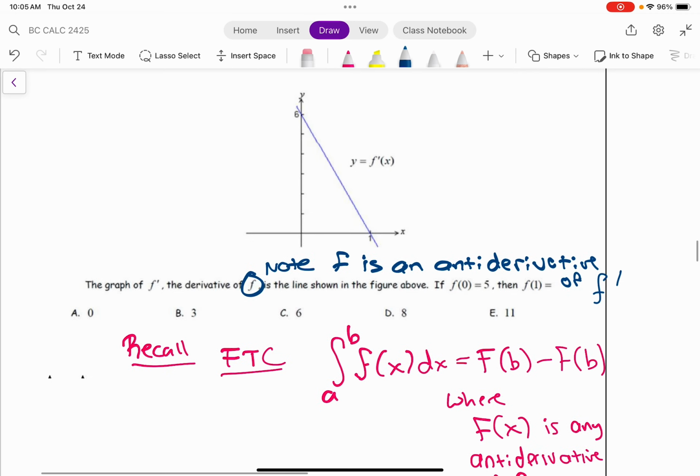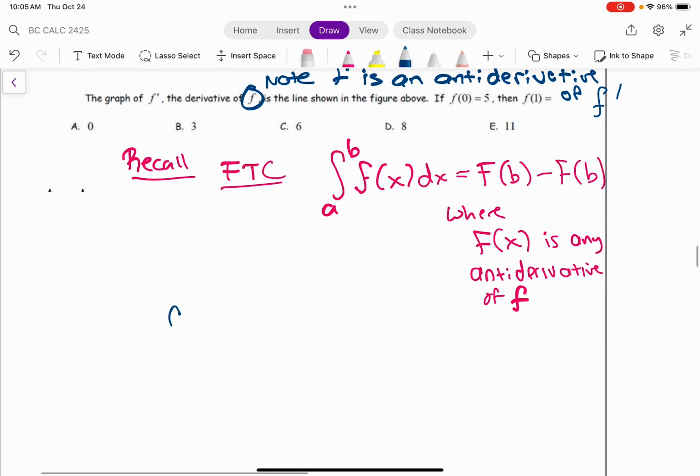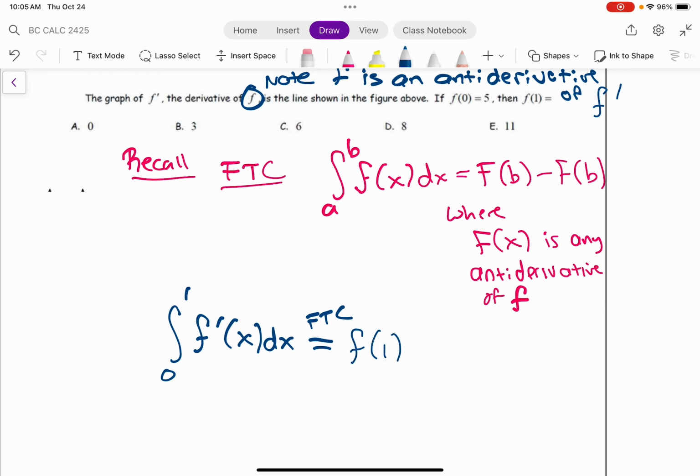We have the values 0 and 1. So if we use this approach, the integral from 0 to 1 under my graph f prime, according to the fundamental theorem, should equal our antiderivative f evaluated at 1 minus f evaluated at 0. We can find f of 0 because they told us it's 5.